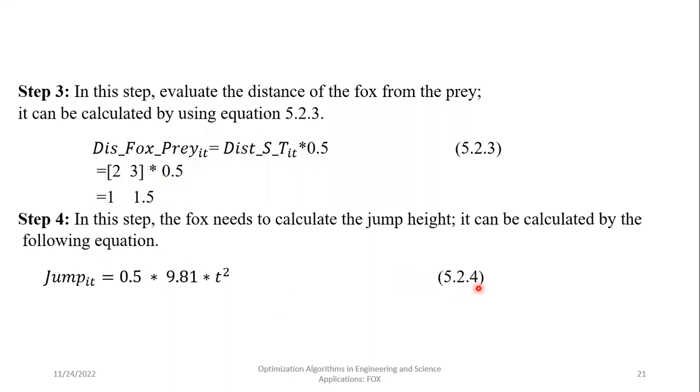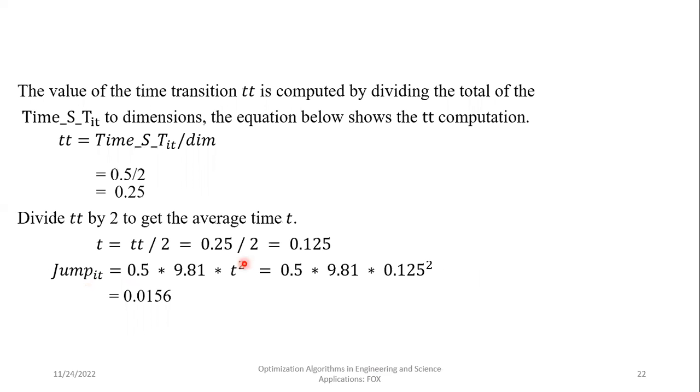Now in equation 4, we try to find the jump: 0.5 multiplied by acceleration times time squared. This also can be found because the time can be time sound travel over the dimension.